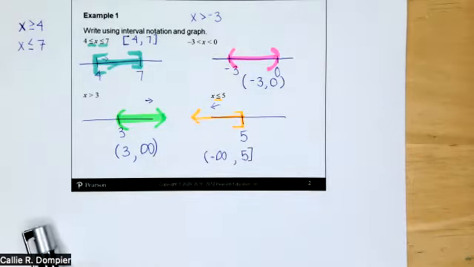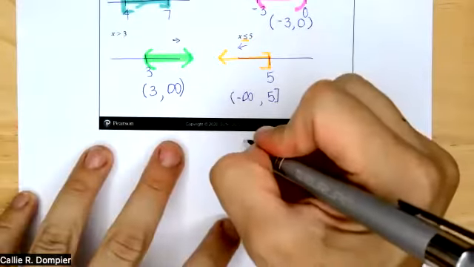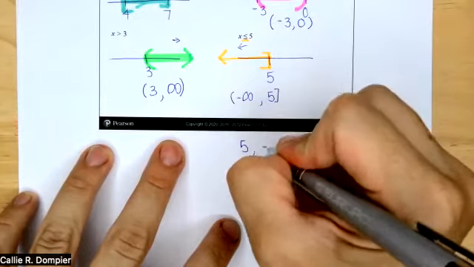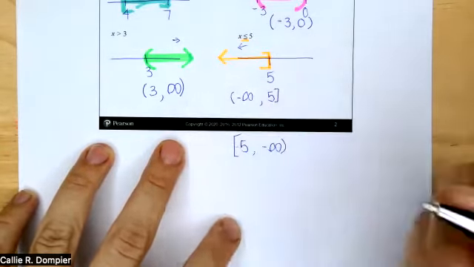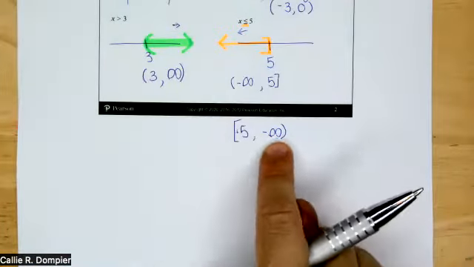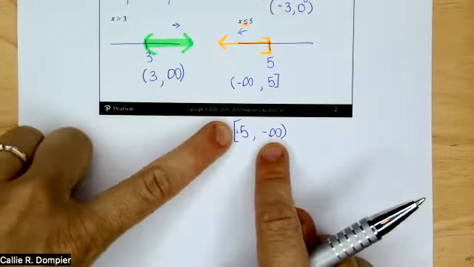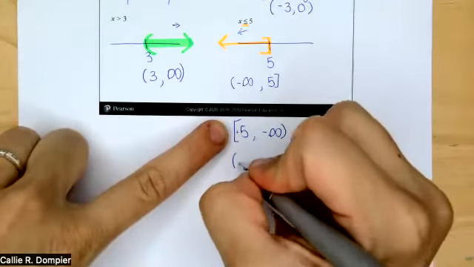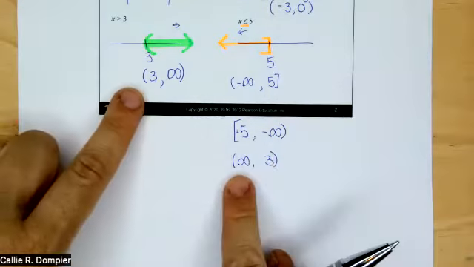Something that a lot of people get confused about is the difference between this and this. Or sorry, that was a positive 5. Doesn't really matter. You can never put negative infinity before your 5. You can never put positive infinity before your 3, for example, okay?